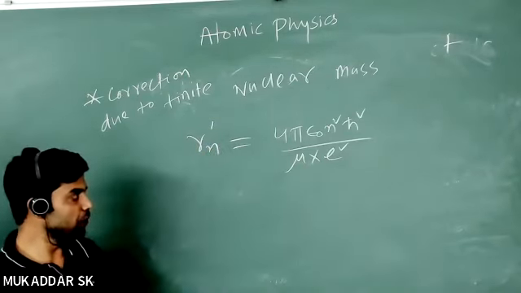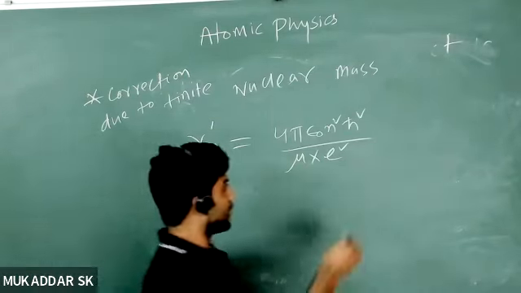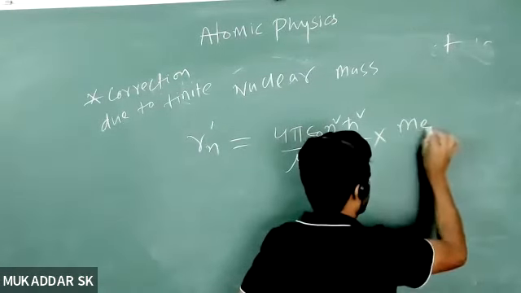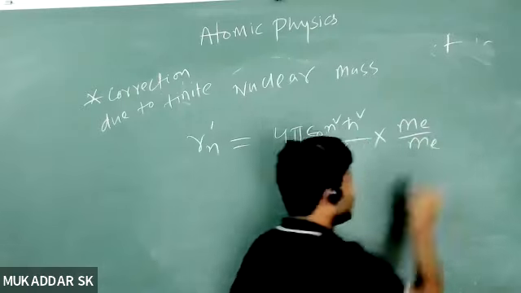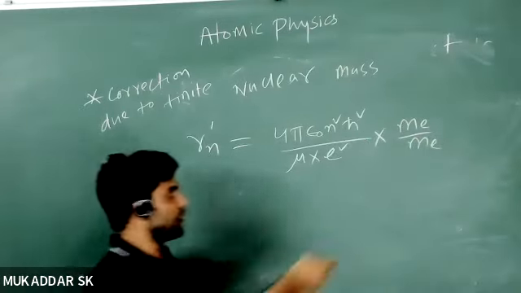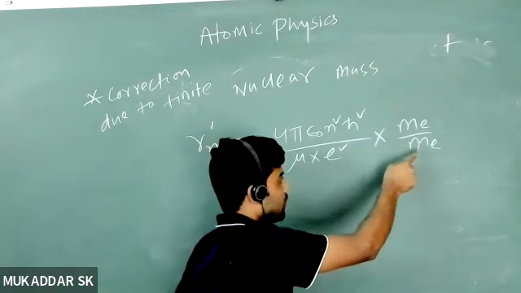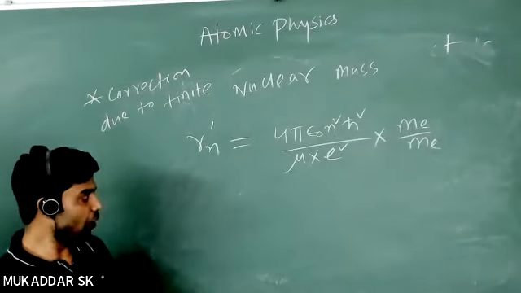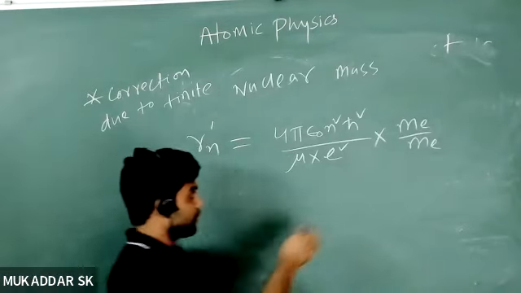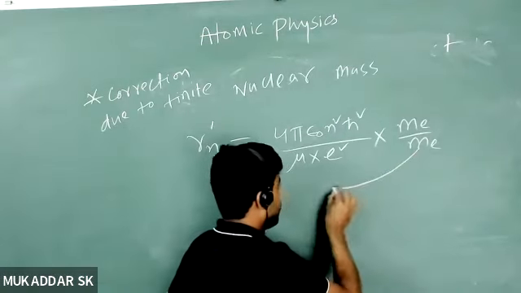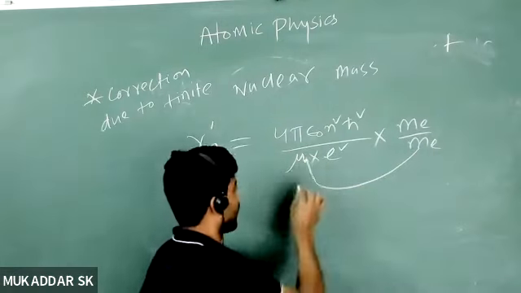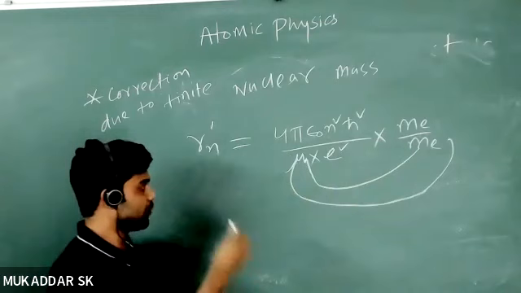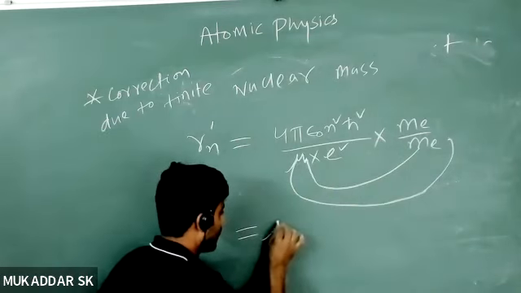Now one beautiful thing we can do, we can multiply and divide this expression by me. We can do it, right? No problem. If we multiply this expression by me and divide by me, we can do it, no problem, right? Now what I'll do, I'll take this me here and I'll keep this mu here. So at the end, if you do it, how much you will get?